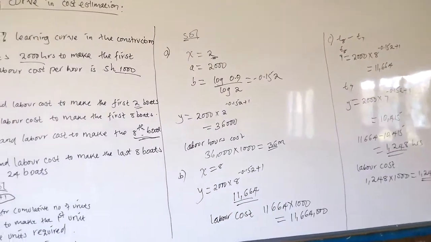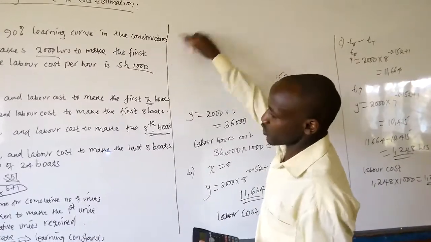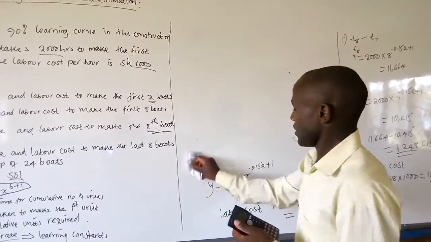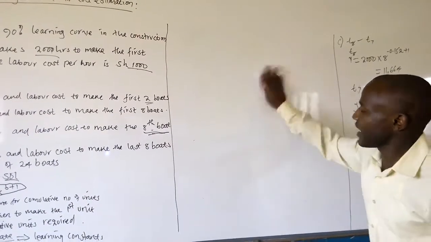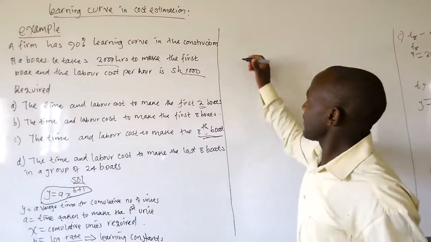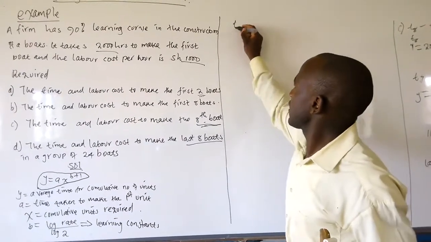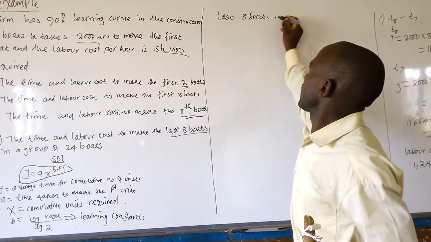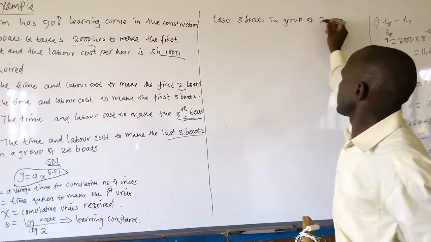And now we are interested in solving D, and we are told to find the time and the labor cost used to make the last 8 boats in a group of 24.